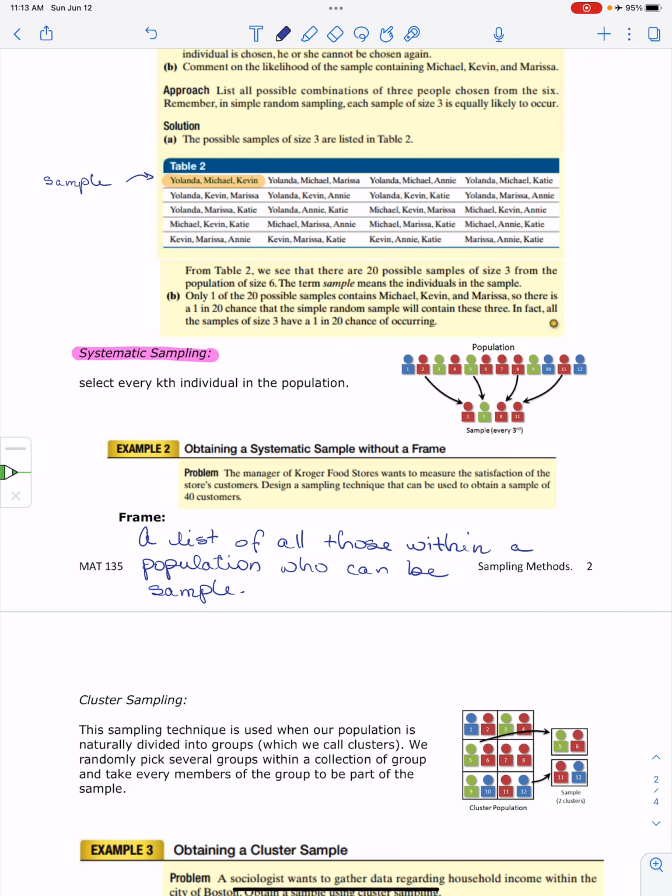So if I am looking through the phone book, those individuals in alphabetical order are my frame.